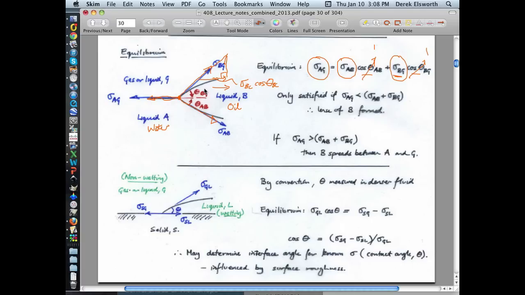So, fine. You won't have to reproduce that in anything we'll do here, but it's useful to at least understand the concept. So now if you put the same stuff on top of your windshield, and your windshield is now a solid or a glass plate, you have the same oil that's present on the top, and you have another fluid. It could be gas or a liquid that sits on the top. This could be water, or it could be a gas. It doesn't really matter. And you can basically do the same calculation.